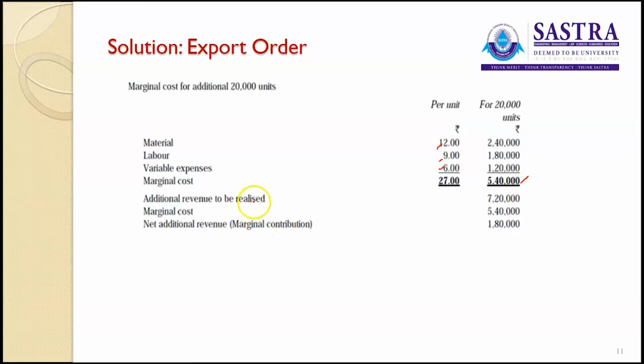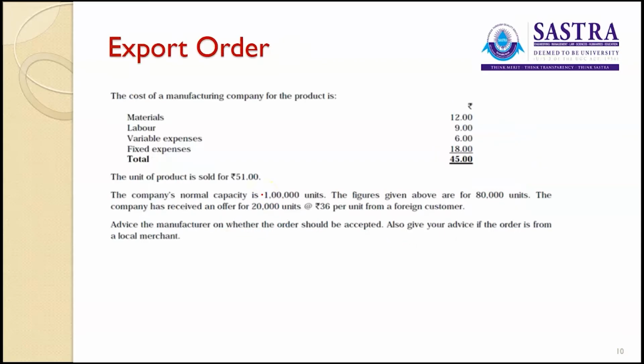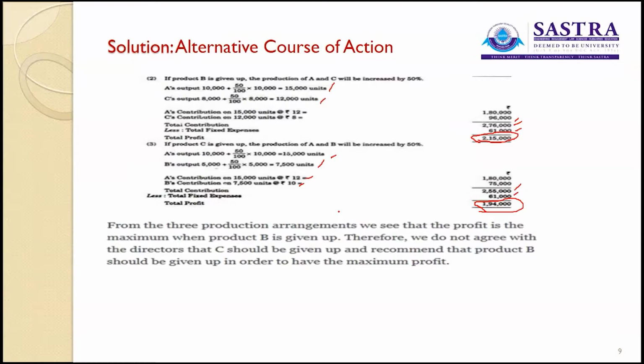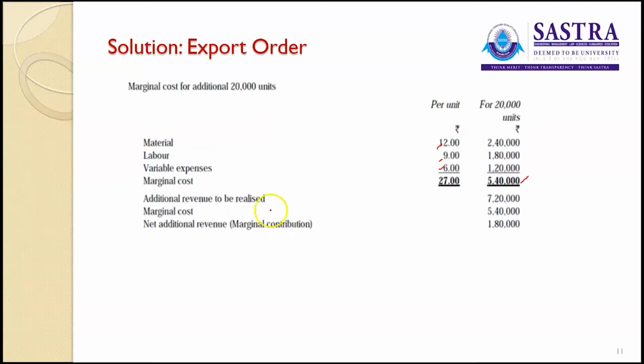So what will be the additional revenue realized? The foreign customer is going to give 36 per unit. So here 20,000 units into 36 per unit.